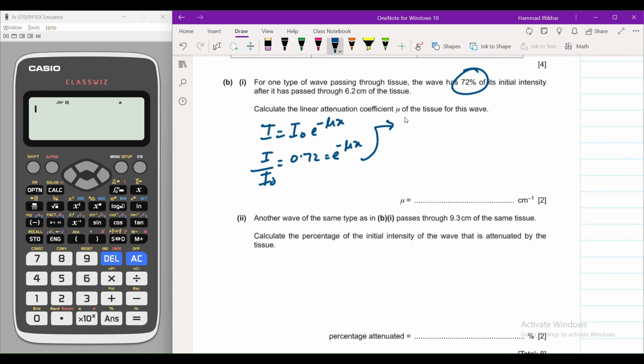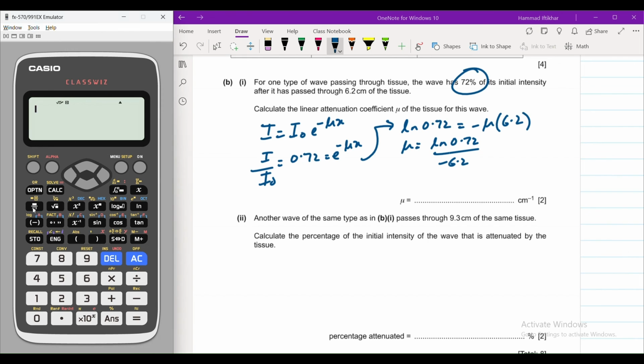Since this is an exponential equation, we will use ln 0.72 equals minus mu times 6.2. So mu will be ln 0.72 divided by minus 6.2, which is 0.053.